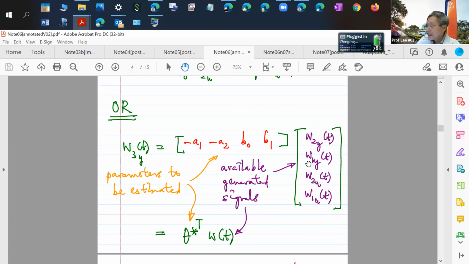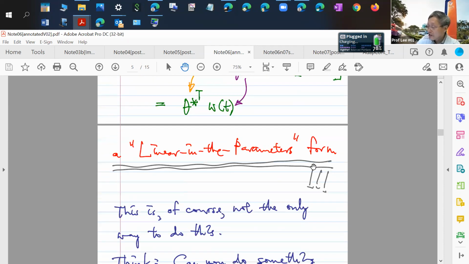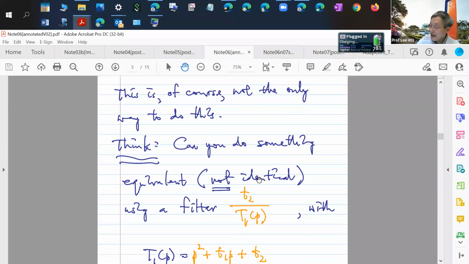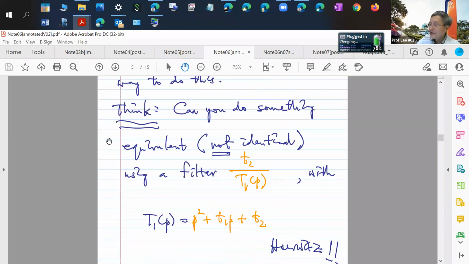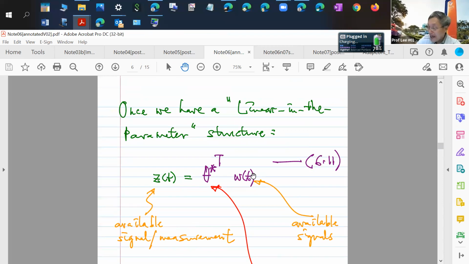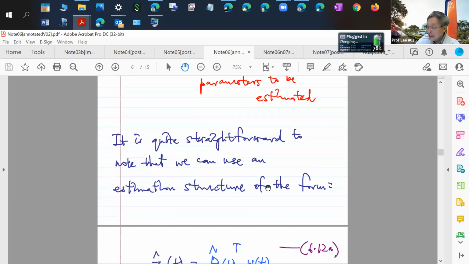Okay, then the moment I have that, I can say, look, this is already in a very convenient form, all right. And as I said down here, actually you can use an order n filter. Okay, I'll let you go and think about it. But anyway, the important thing is that you arrange it in a so-called linear in the parameter structure.